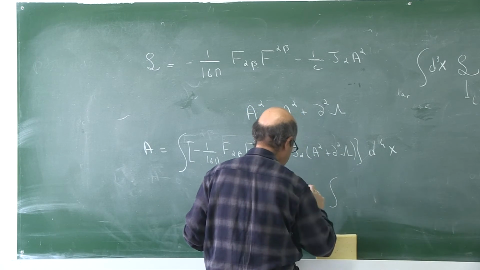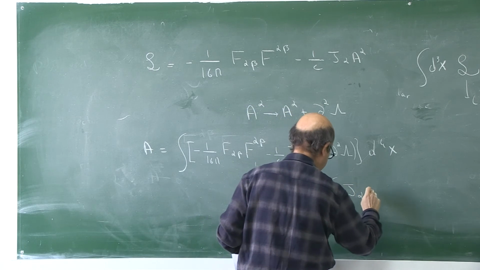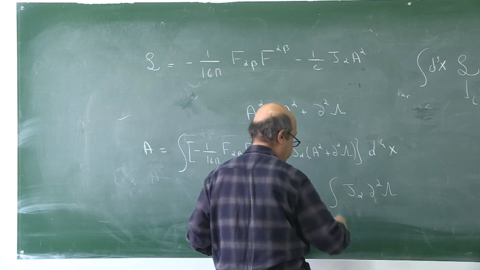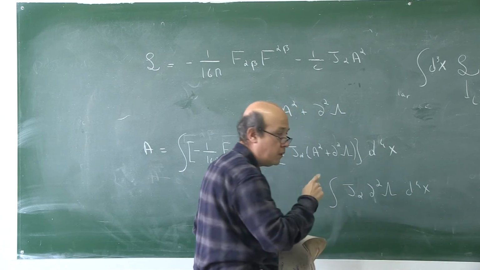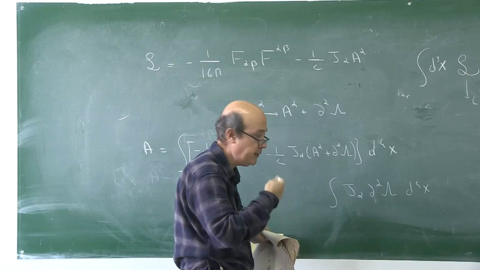That term is equal to J alpha del alpha of the gauge we introduce. You can do this component by component, or you can write it in general.